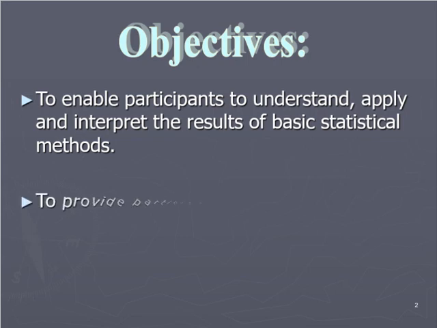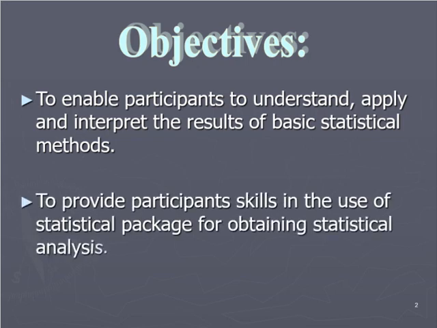Aside from that, participants should have the skill in the use of a statistical package for obtaining statistical analysis. By the way, SPSS is also known as the Statistical Package for Social Sciences.